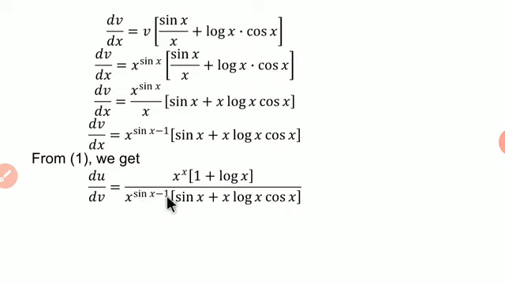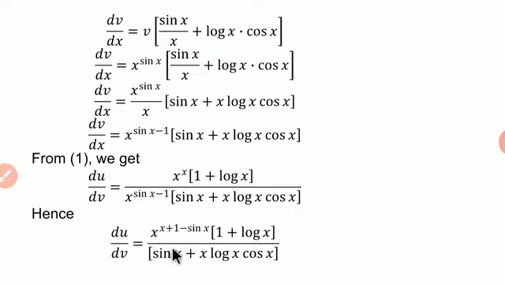That means this minus 1 becomes positive and sin x becomes negative. Hence we get du by dv is equal to x raised to x plus 1 minus sin x into 1 plus log x divided by sin x plus x log x into cos x. This is the required value for the derivative in this example number 4.